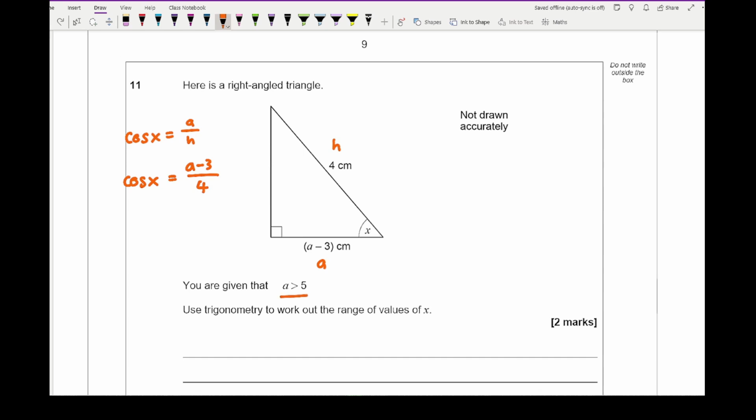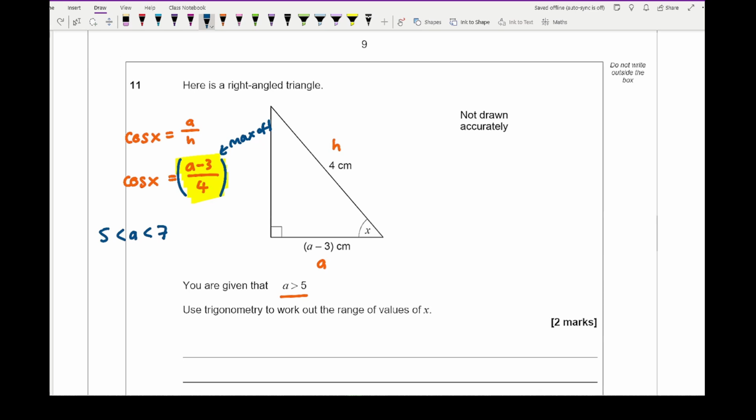The fact that it tells me a is greater than 5, and this fraction has to be a maximum of 1, as a fraction, not just the numerator, means the possible values of a are between 5 and 7. When a is 5, we have 5 minus 3, which is a half, and when a is 7, we have 7 minus 3, which is 4, divided by 4 gives me 1.